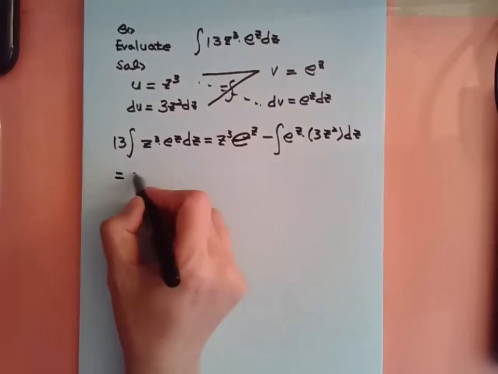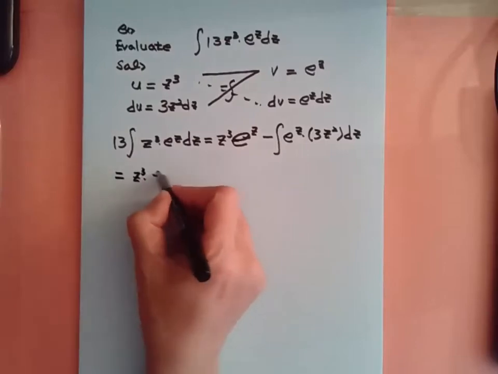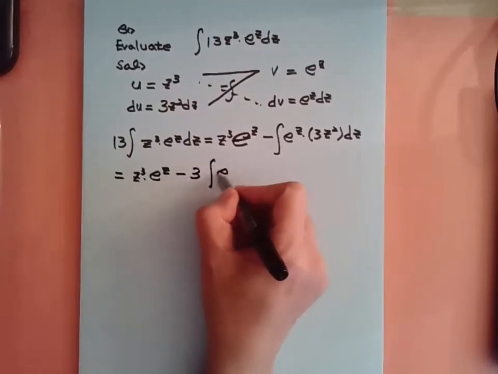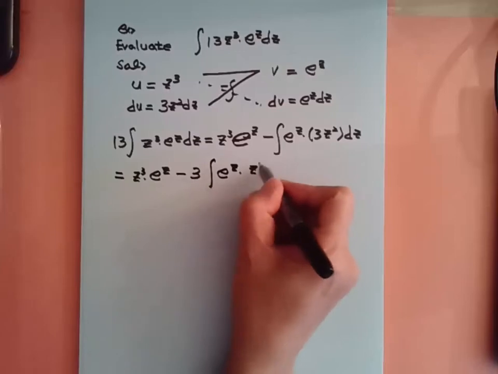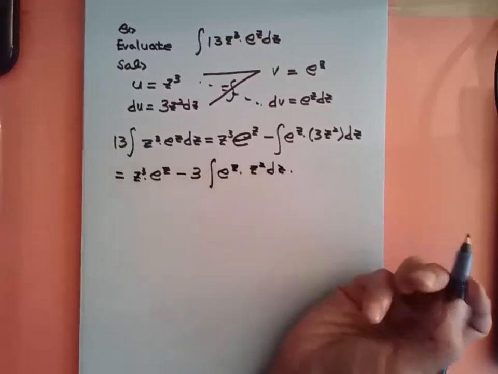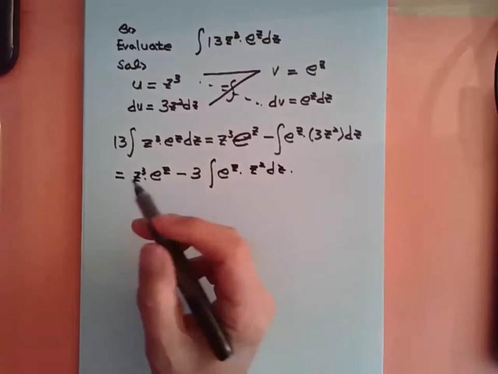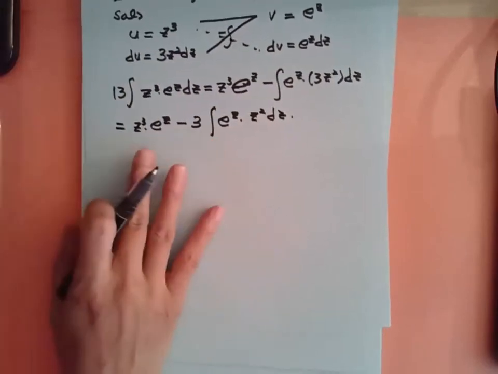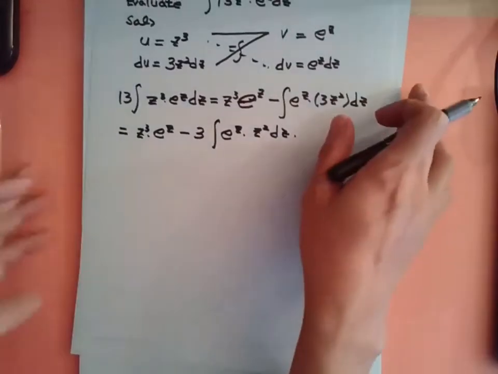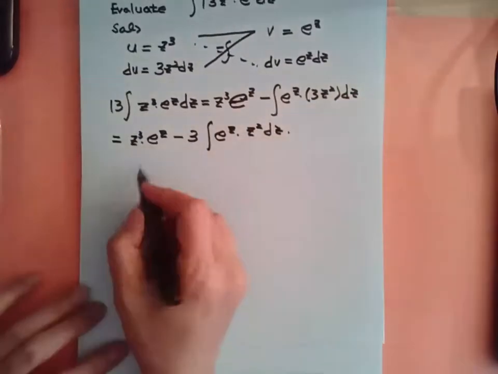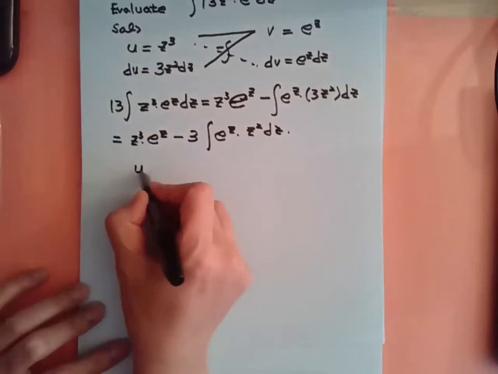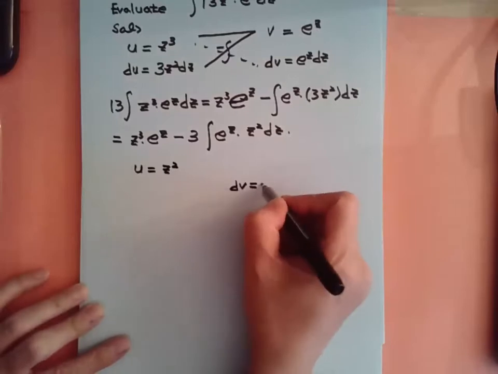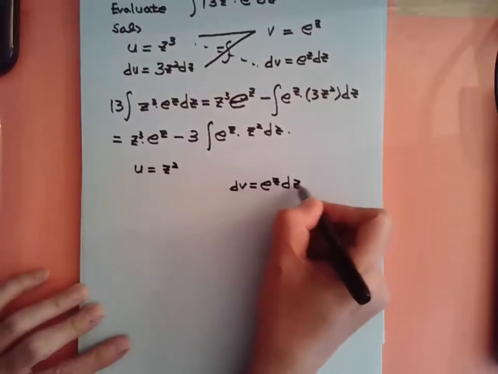So that is z cubed times e to the z minus 3 times integration e to the z times z squared dz. So u equals z squared and dv equals e to the z dz.